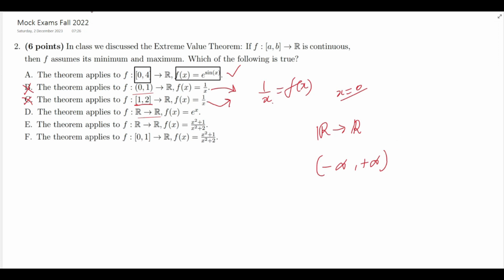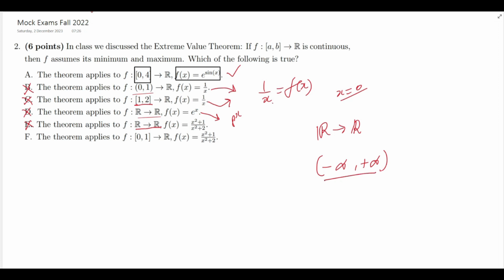It's open, and the theorem only applies to closed intervals. So this option is equally wrong, even though it's true that our function f of x is continuous because it's an exponential function, and all exponential functions are continuous functions. The next option says that R to R. Again, this is not correct because the set of R is an open interval.